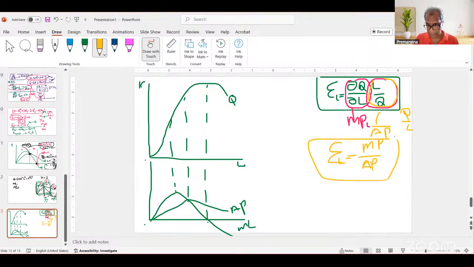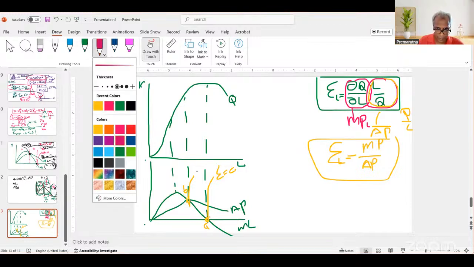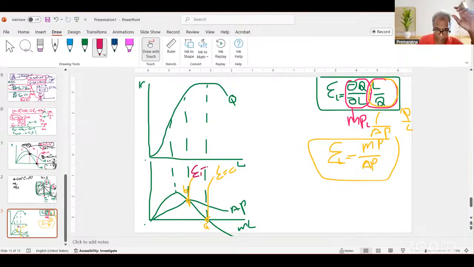Now look at how much the elasticity is at point A. The marginal product is 0, so the elasticity also becomes 0. At point B, the marginal product equals the average product, so the elasticity becomes 1, with MP equal to AP.